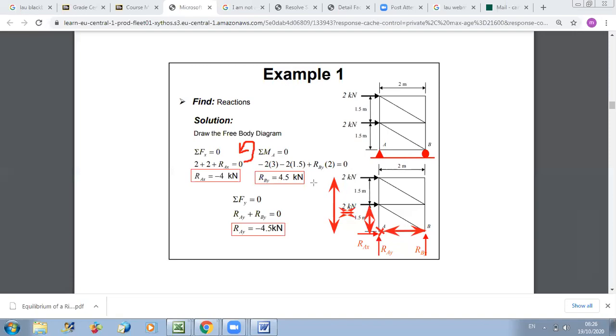So here, using sum of moments about A will allow me to directly solve for RBY. Now, in order to find RAX, what is the easiest equation? Do you have another force than RAX as unknown in the X direction?